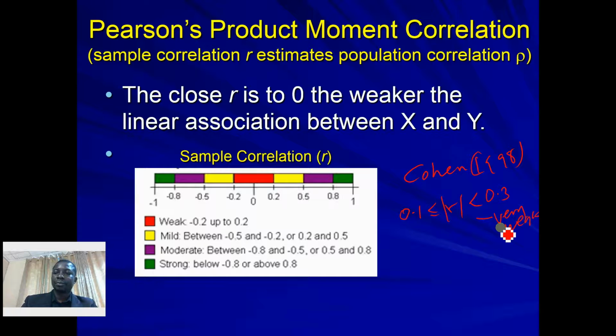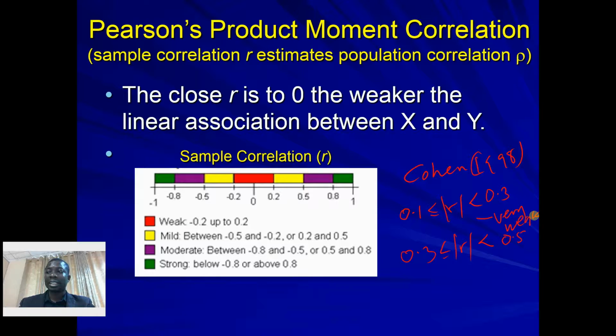Then from 0.3 less or equal to R less than 0.5, meaning it is within the range of 0.3 inclusive to 0.5 exclusive.